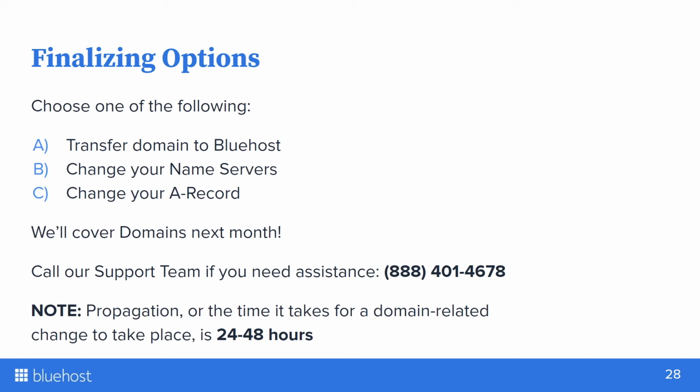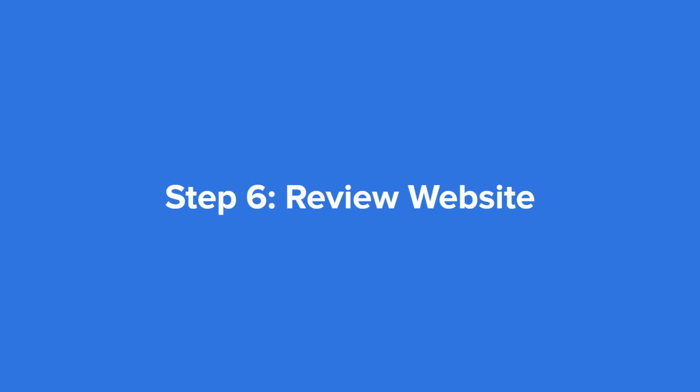And this can take usually 24 to 48 hours. So just keep that in mind. Your website shouldn't go down or anything when this happens. So again, this is just some extra detail to keep in mind in the background. So yeah, once you've finalized, then we're pretty much at the home stretch, which is just reviewing your website.